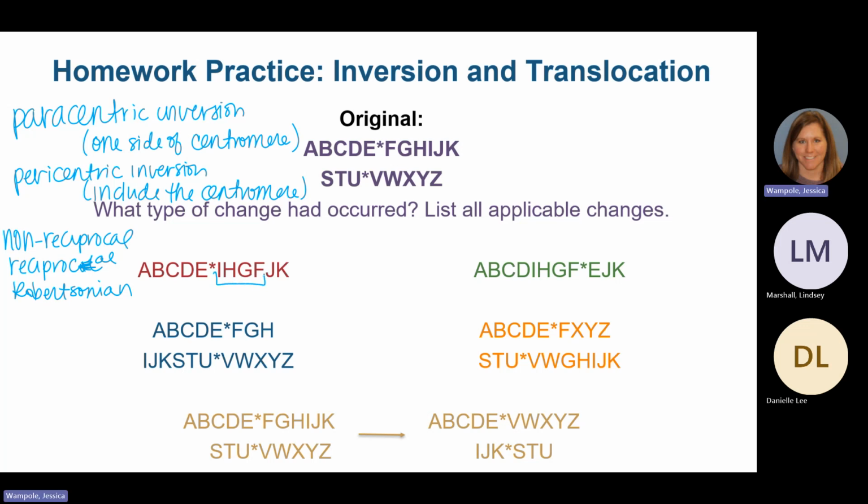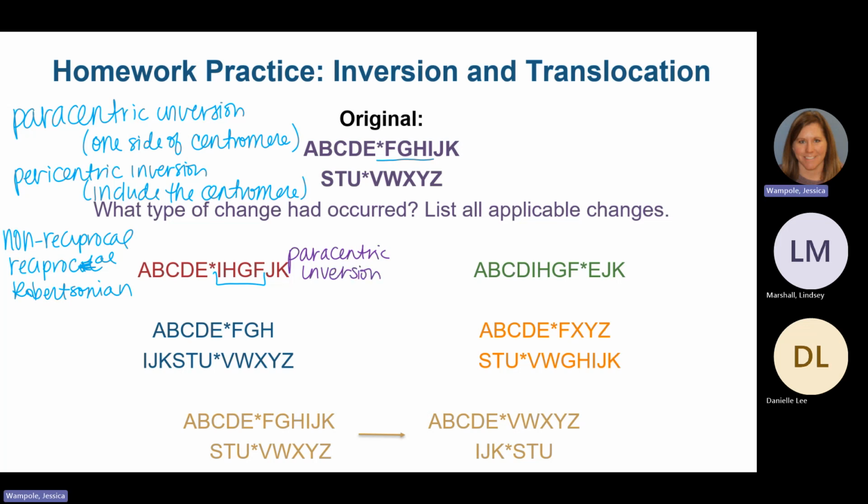So the IHGF, that's compared to FGHI. So is that a paracentric or pericentric? Paracentric, very good. Because the inversion does not include the centromere, so it's a paracentric inversion.